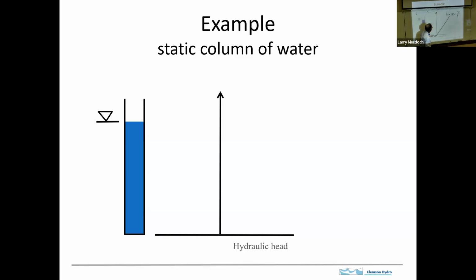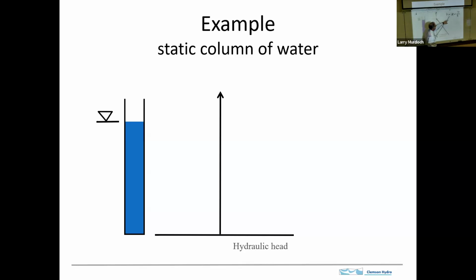If we plot the pressure head, this is the surface of the water, so the pressure here is 0. If we call that 0, then the pressure head is going to increase with depth.